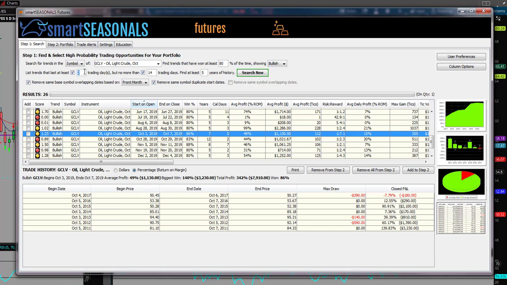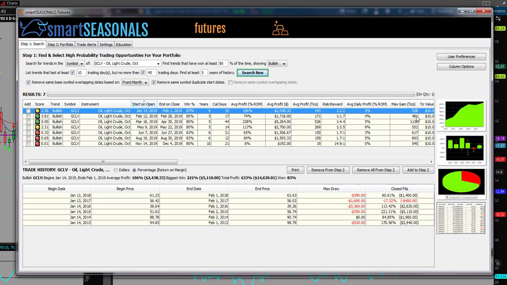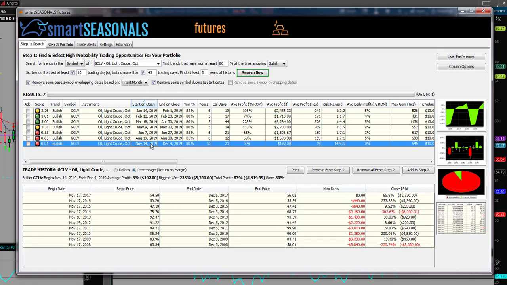If I'm looking for something a little bit longer term, we'll find trends that last at least 10 days and no more than 45 days. I still want to look for at least 5 years of historical data, and at least an 80% win rate. If we do a scan there, you can see that the next seasonal window is around the November 14th area.